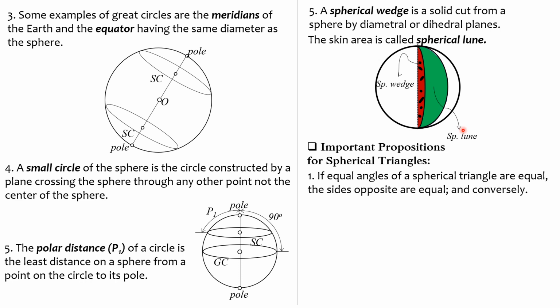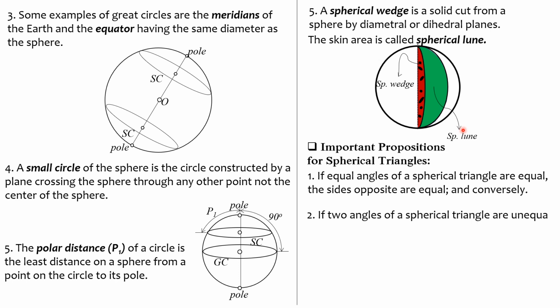It is similar to that of a plane triangle, where for isosceles triangles, two angles are equal and the sides opposite the equal angles are also equal, and conversely. It's easy to recall this because the characteristics of spherical triangles are similar to those of plane triangles.